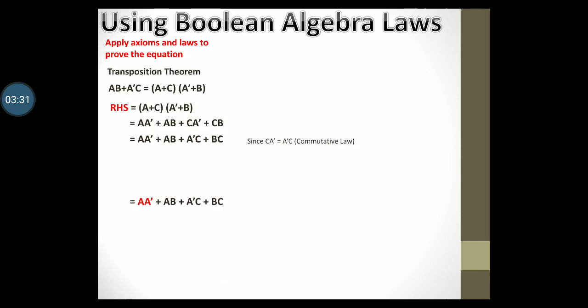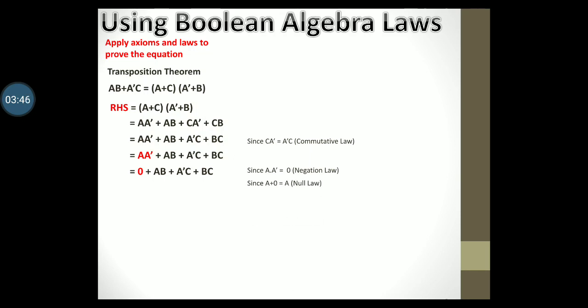Observe this equation, especially the term A dot A bar. If you recollect, A dot A bar is actually 0 using a law called the negation law. Also, since A plus 0 is equal to A by a law called the null law, we can ignore this 0. I will rewrite the equation as follows.